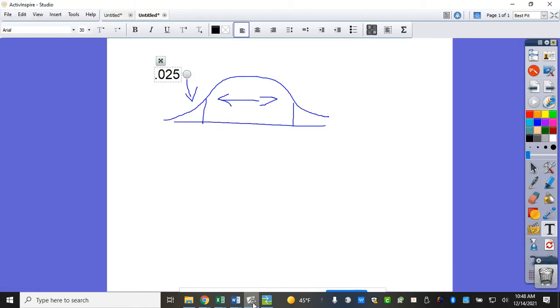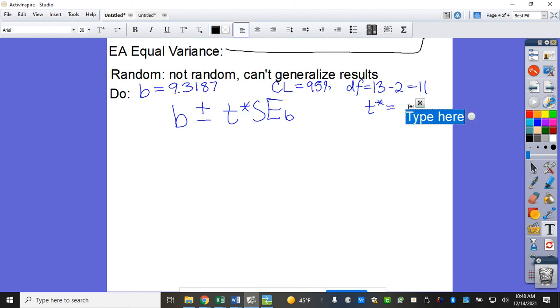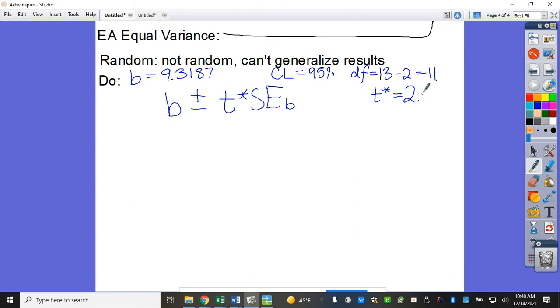I get 2.201. So that's where I think people would have messed up.